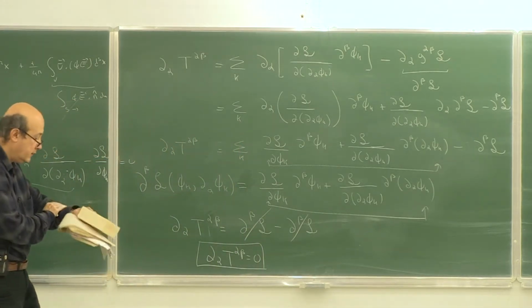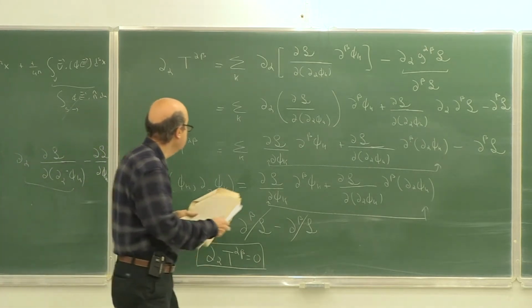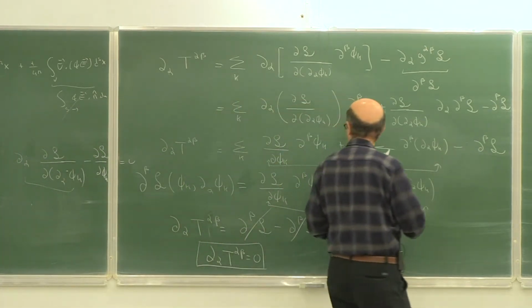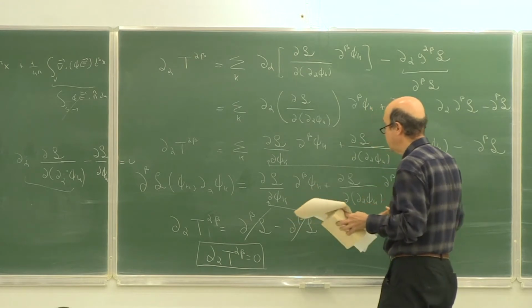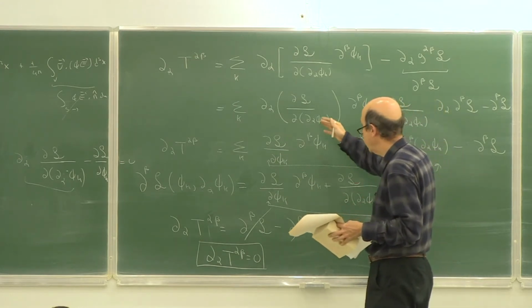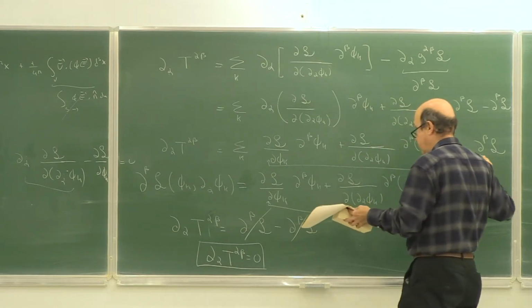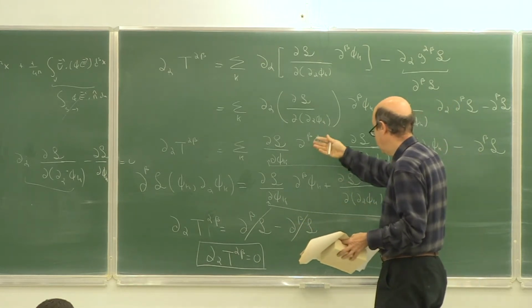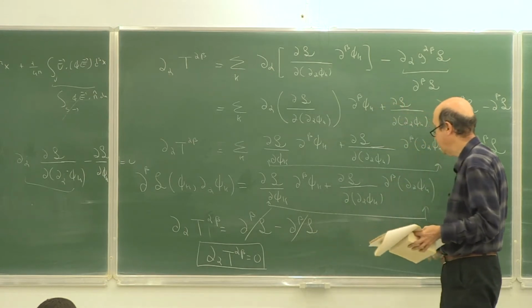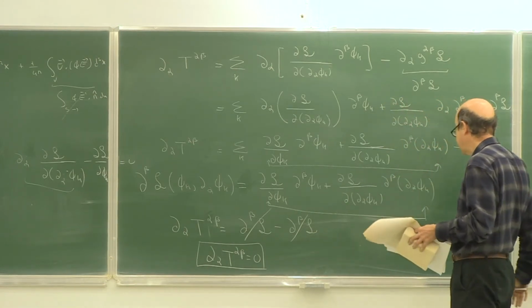Just take the definition of the canonical stress tensor, take the divergence of this, and use the earlier Lagrange equations. We obtain an equation in terms of the fields and the derivatives of the fields.